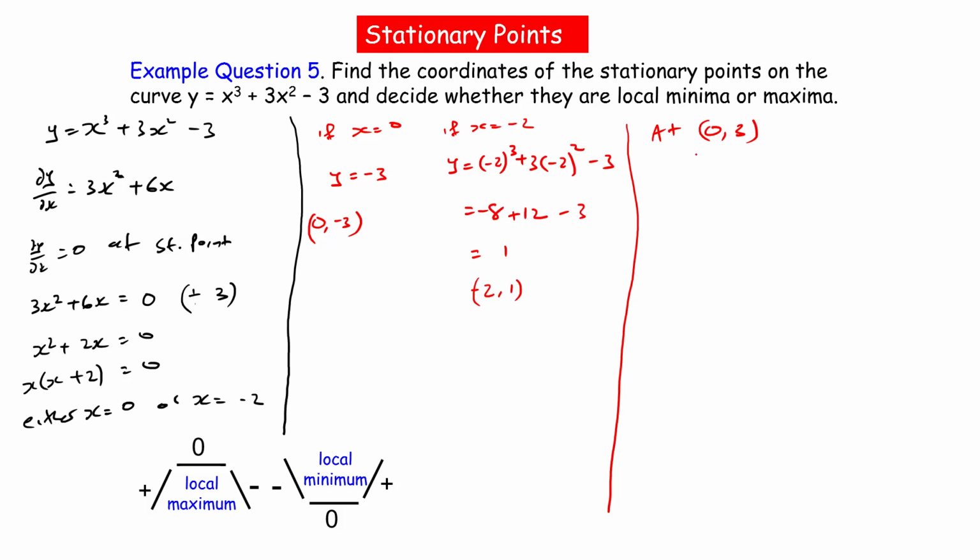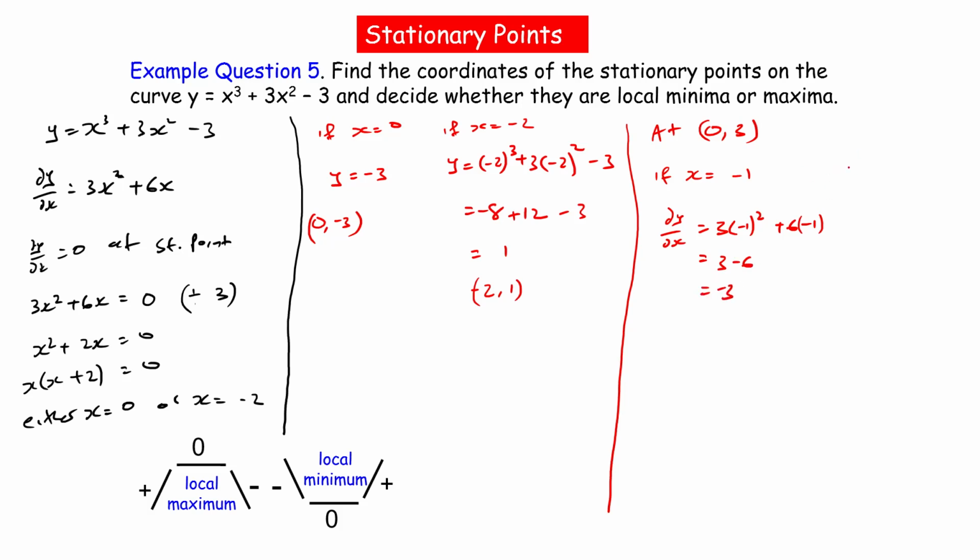So we look at just before. So if x is equal to minus 1, what happens to the derivative? dy by dx is equal to 3x squared plus 6x. So it'll be 3 times minus 1 squared plus 6 times minus 1, which is equal to 3 minus 6, minus 3.